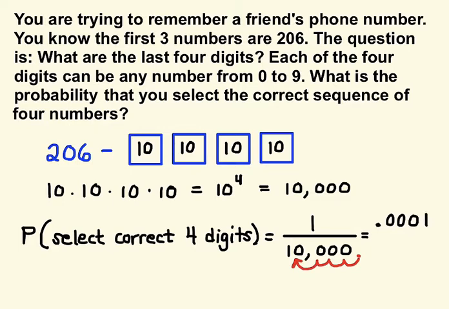That's the probability, and that probability can be written as, if we move the decimal point over twice, this time to get percentage, the percentage or probability is 0.01%. So it is highly unlikely that we will be able to guess the last four digits of someone's telephone number.